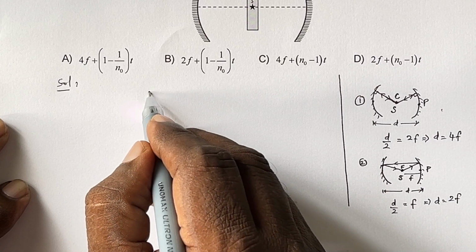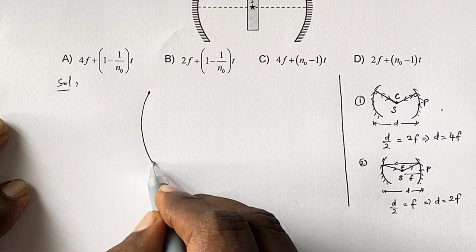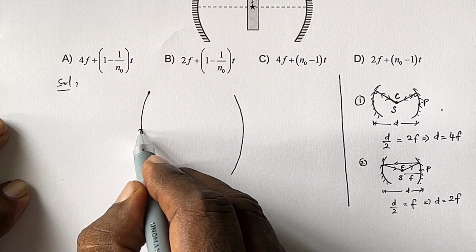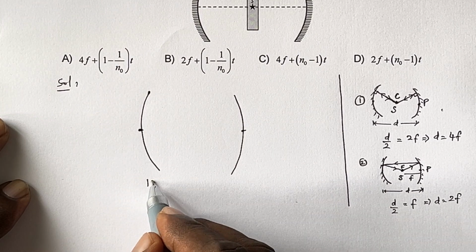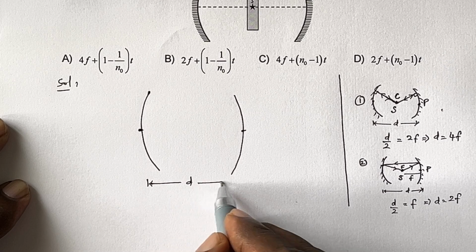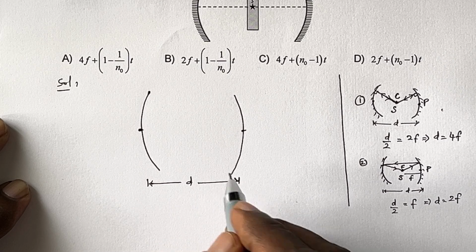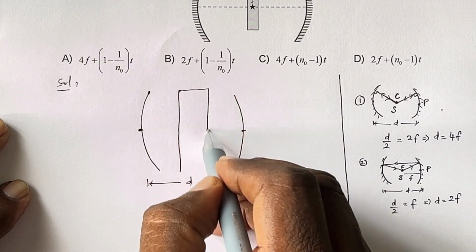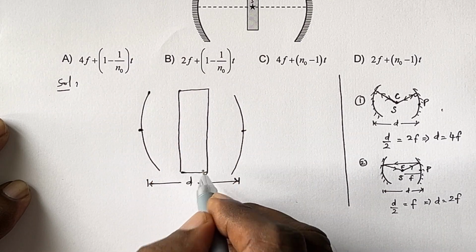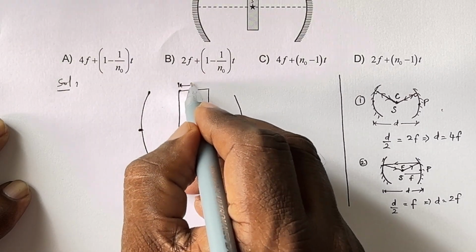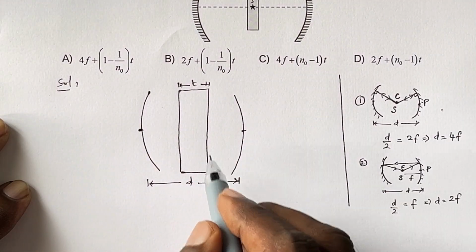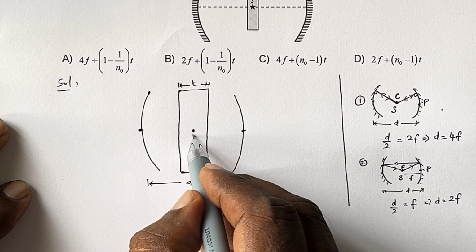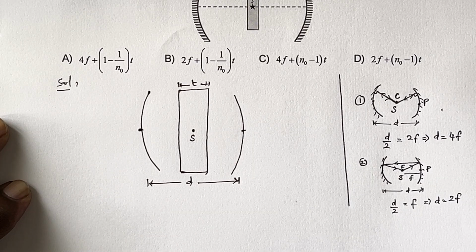So two mirrors are there. These are the poles of the mirrors. Pole to pole distance between the two mirrors is d, and a glass slab is placed here. Glass slab thickness is t. So exactly at the middle, t by 2 distance, the source is there.